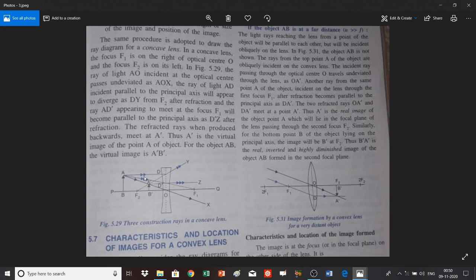So this converging ray will move in this direction after refraction. Just extrapolate this in the backward direction, and it will come here.